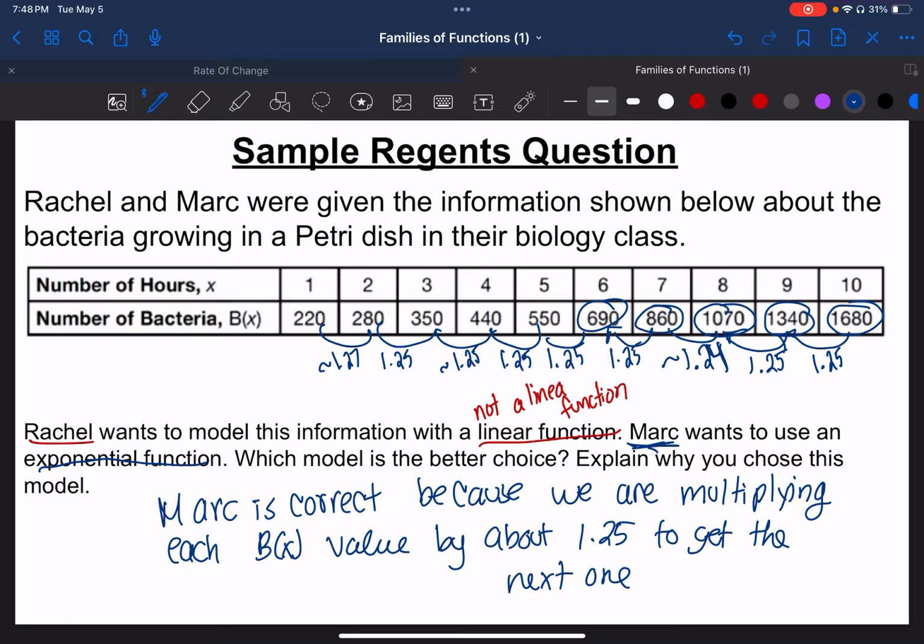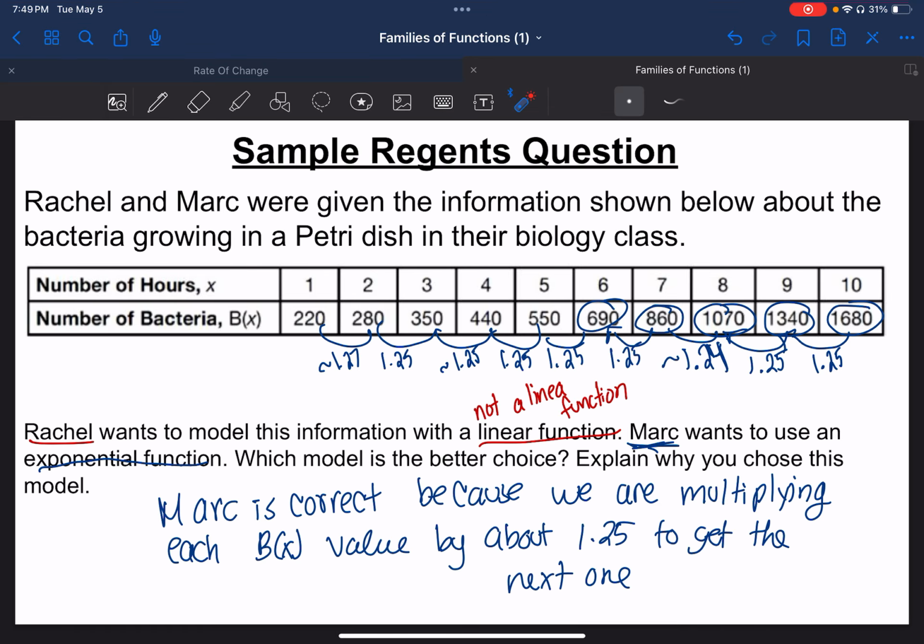Okay, so at the very least, we completely proved that Rachel was wrong because we were not adding the same number anywhere near close. And then we found that Mark was correct. So you can go ahead and pause the video. And then I just have one more thing to go over, and then you can get into your Regents practice.